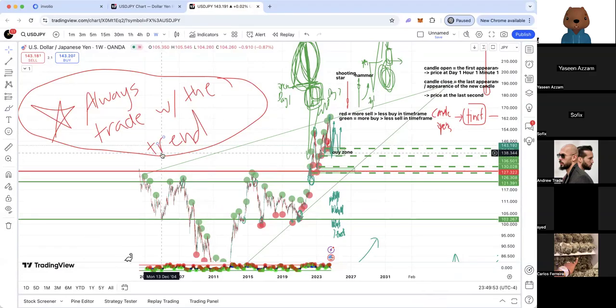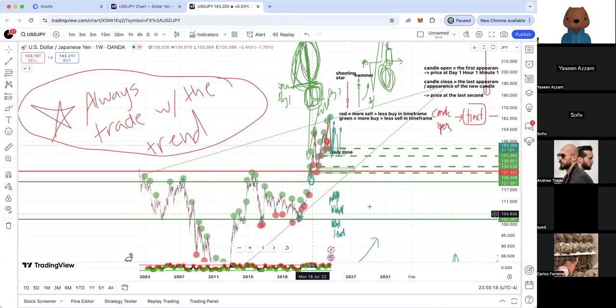I break my rules because I'm not 100% disciplined. But if you have better discipline than me, then you can follow the rules. Just trade with the trend. Literally trade with the trend and you will have a 100% win rate. You can never go wrong trading with the trend, especially if you're buying at the areas of support.